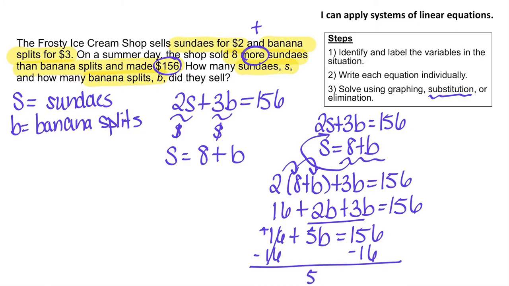So I have 5b equals 156 minus 16, which is 140. When I have 5b equals 140, I now divide both sides by 5 to solve for b. So for 140 divided by 5, I'm going to do that on my calculator.